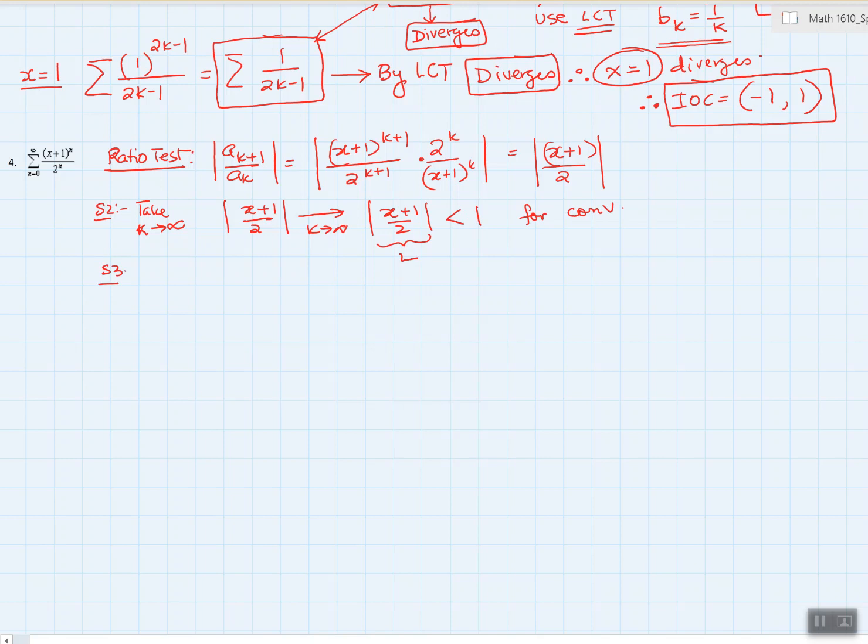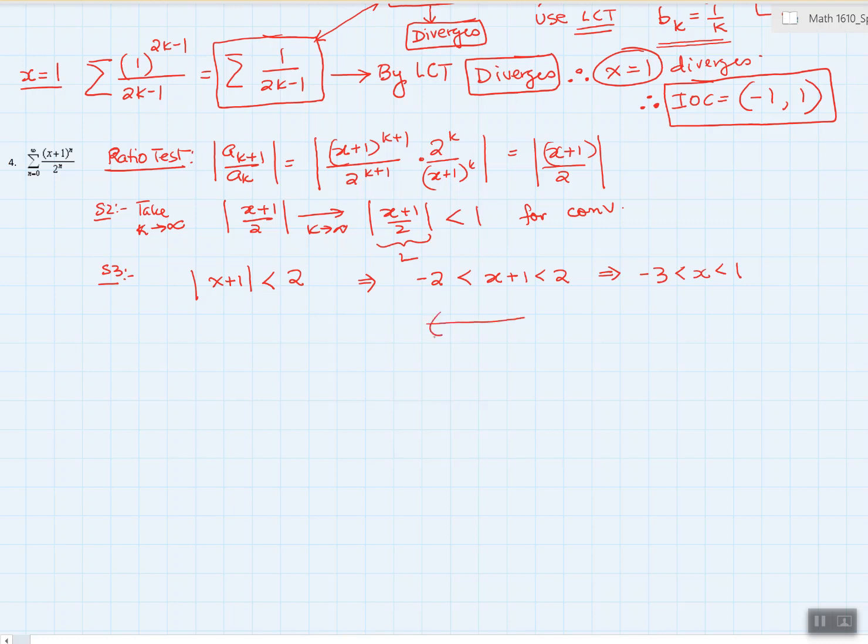So step 3 gives me the interval that the absolute value of x plus 1 must be less than 2. So this means that x plus 1 is between -2 and 2. If you subtract 1, you get x is between -3 and 1.